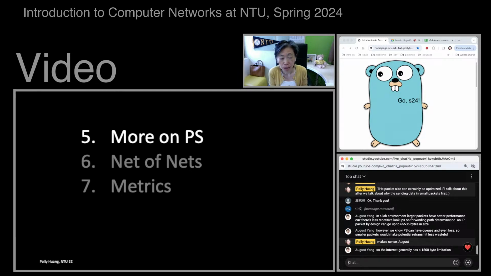But hey guys, when you're sending a packet, it's not like every bit in the packet is data. In a packet, there's a part of it being the control messages, for example, the destination address of this data. So only a portion of the whole packet is the data bits. So you don't want to send 1 bit of data, because then that control part of the packet, that's a fixed size and it's significant.